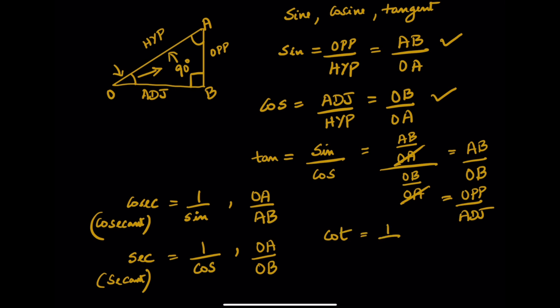That is 1 by tan, which is nothing but adjacent by opposite, which is nothing but OB by AB. So this is called cotangent. So these are the 6 trigonometric functions we will be using throughout the learning.